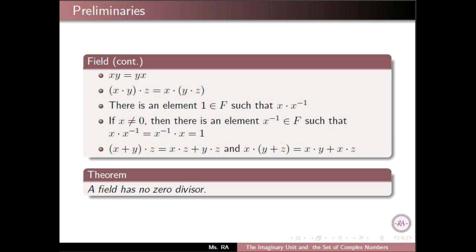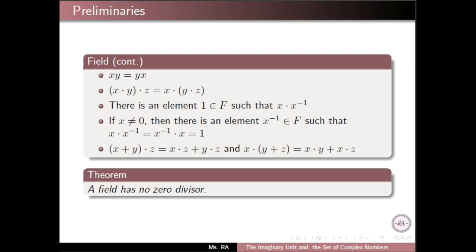Recall that the set of rational numbers and the set of real numbers are both fields. They have the algebraic structure of a field, and this is why you didn't encounter zero divisors there, because the sets of rationals and reals are fields, and by this theorem, those sets with a field structure don't have any zero divisor.